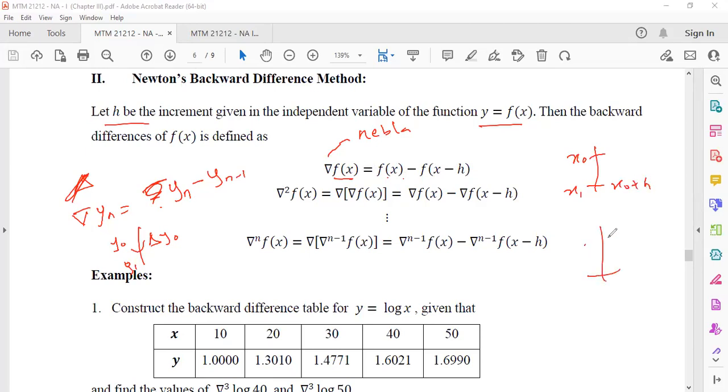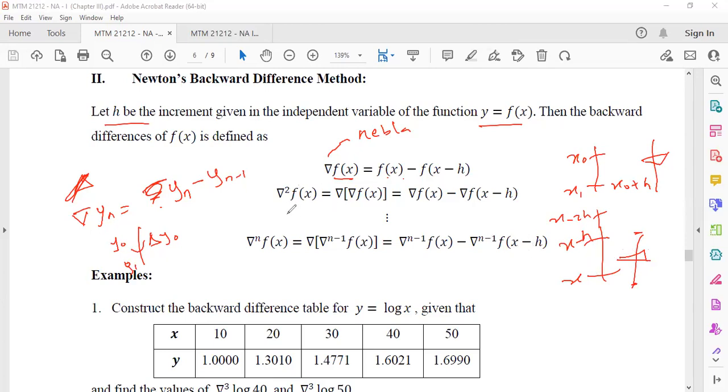So in the backward, we are going this way. Forward, we are coming this way. Let's say this is my x, then this will be x minus h, and the other one will be x minus 2h. It goes from the down to the up. Okay, the other way. So this one will be forwarding. This one will be the backwarding. That's where the name comes from.